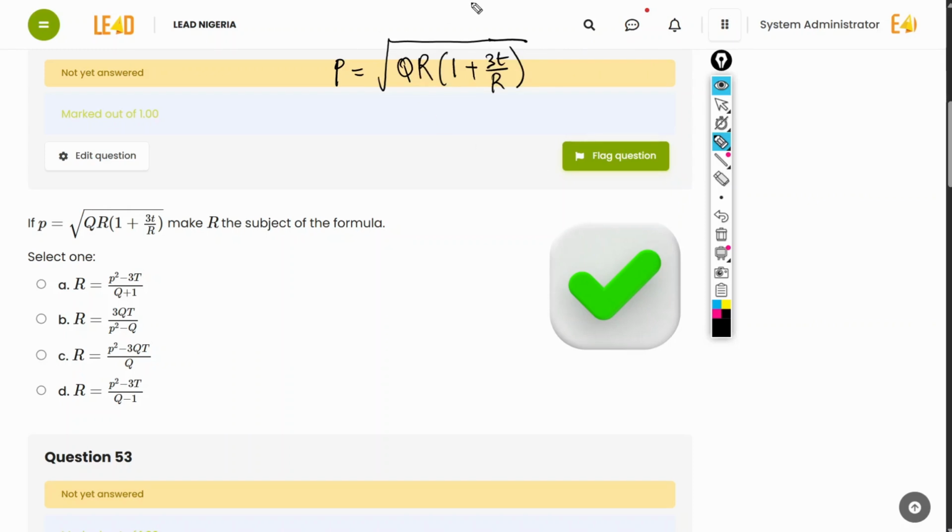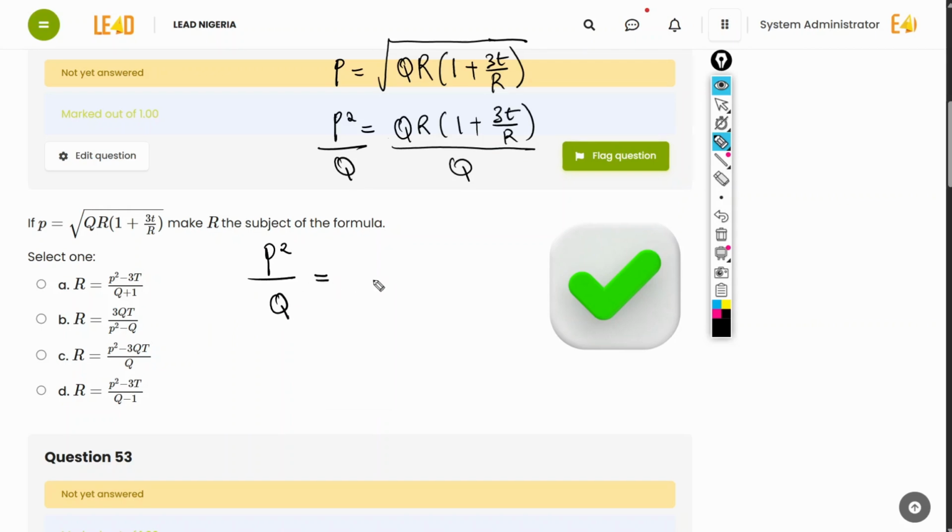The first thing I'll do is square both sides to take off the square root. So I'll have P squared is equal to QR bracket 1 plus 3t over R. I'm trying to make R the subject of the formula, so I can divide both sides by Q. My left hand side will then become P squared over Q is equal to R bracket 1 plus 3t over R. Now I think it's in my best interest to multiply through by R. The reason is that I have two R's, but one is in the denominator.